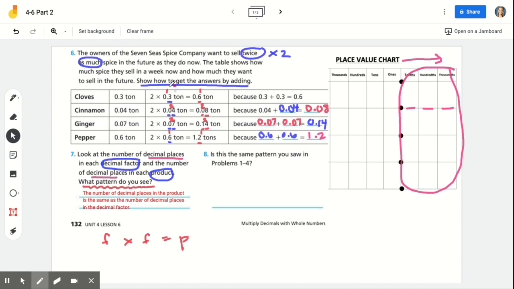For example, for cloves, we had 1 decimal place equals 1 decimal place. In cinnamon, there were 2 decimal places equals 2 decimal places. So whatever the number is over here for decimal places has to be the same as the number of decimal places over here. So for number 8, our answer is yes, same pattern. And we're going to apply these patterns now to many multiplication sentences.